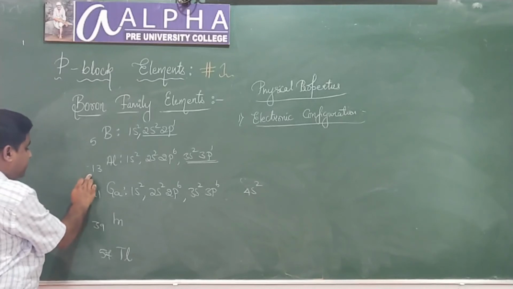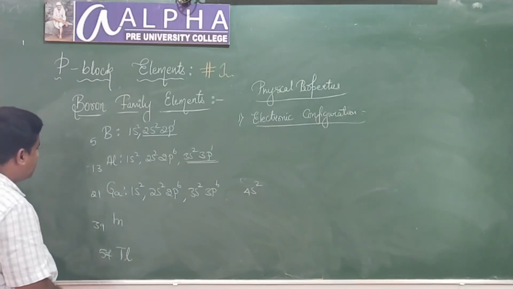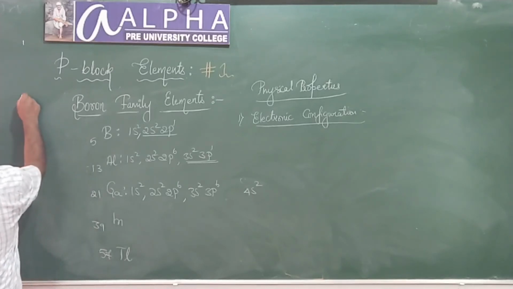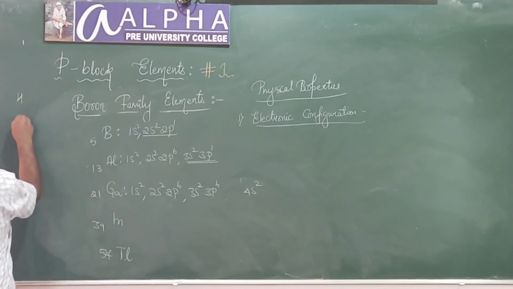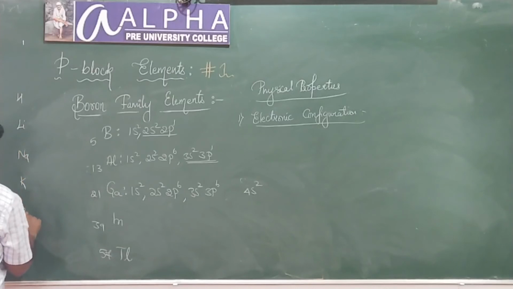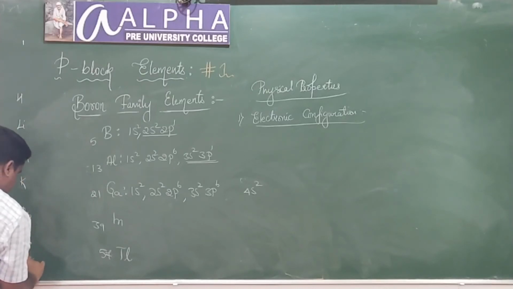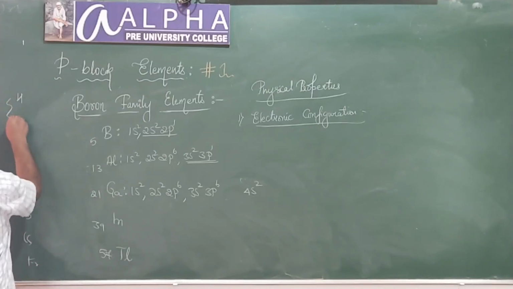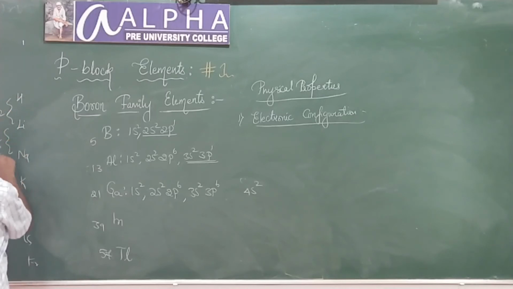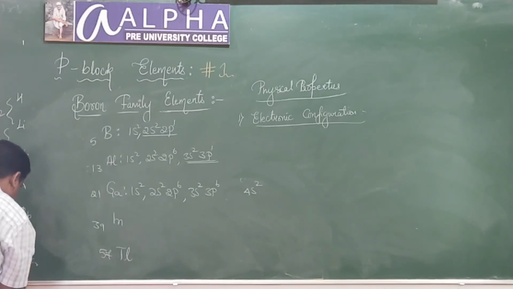So 5 plus 8 is 13. From hydrogen, lithium, sodium, potassium, rubidium, cesium, francium, from here to here it is 2, then 8, 8, 18, 18, and 32.